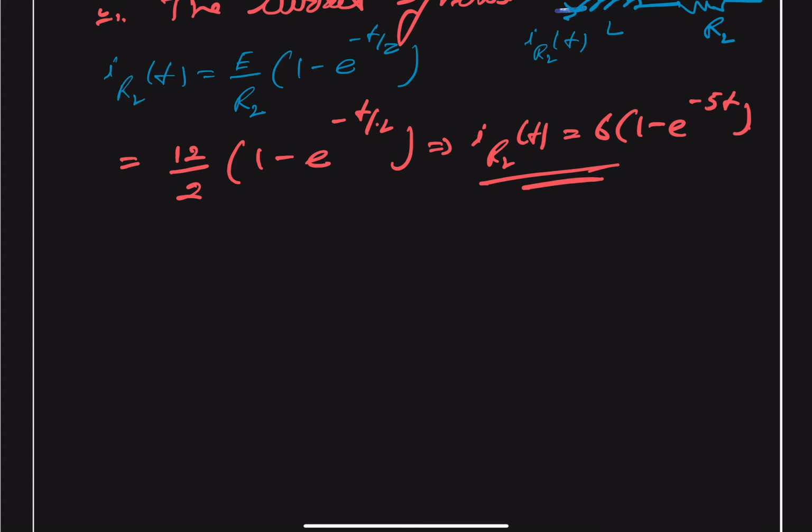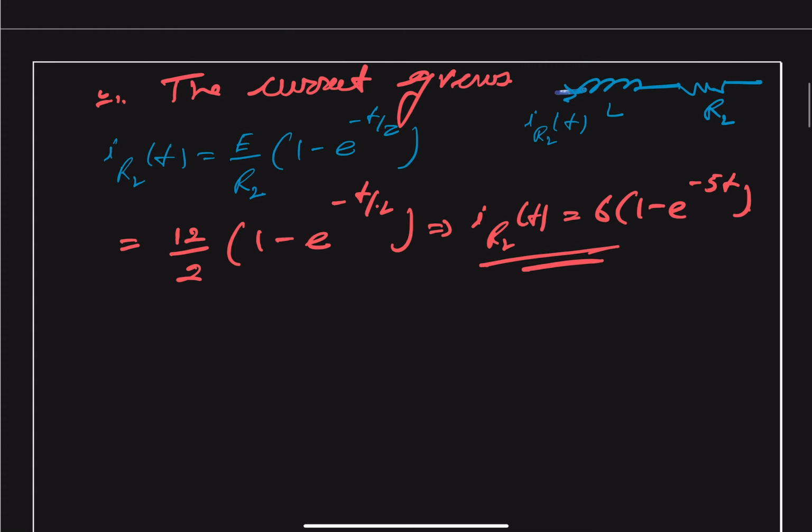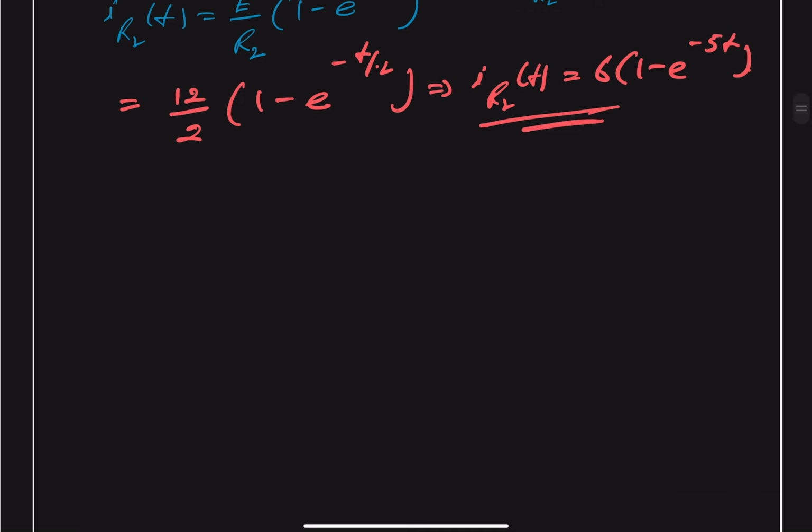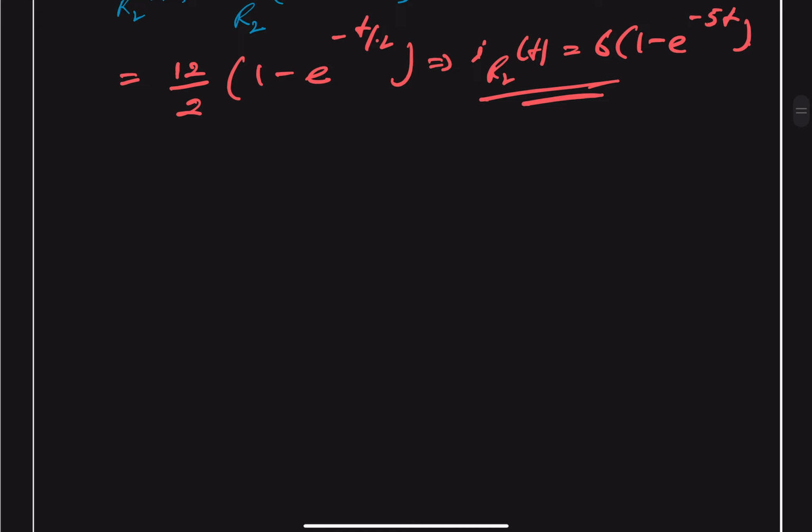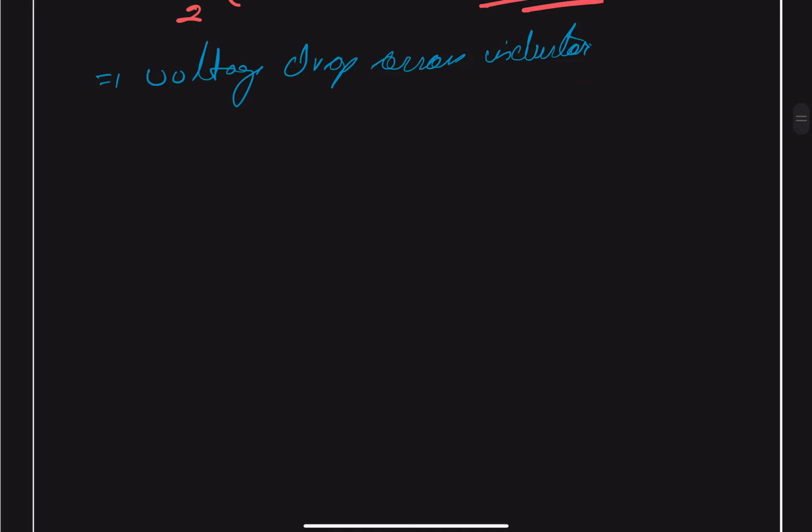Now we can find the voltage drop across the inductor. If that is written as VL, then VL will be equal to L times d of IR2(t) divided by dt.